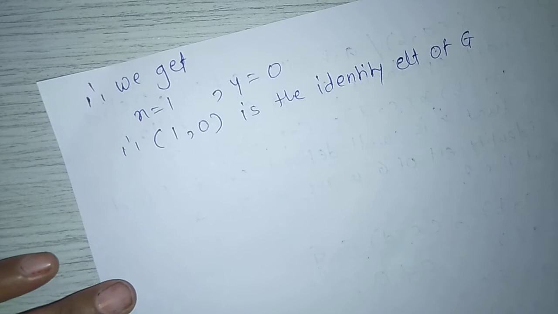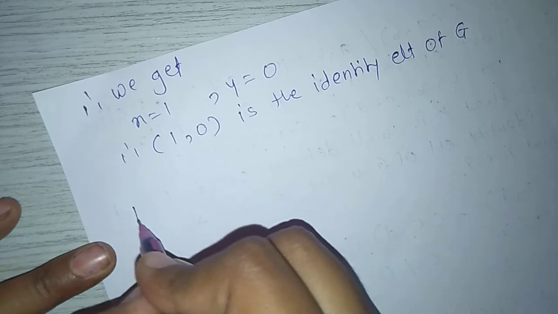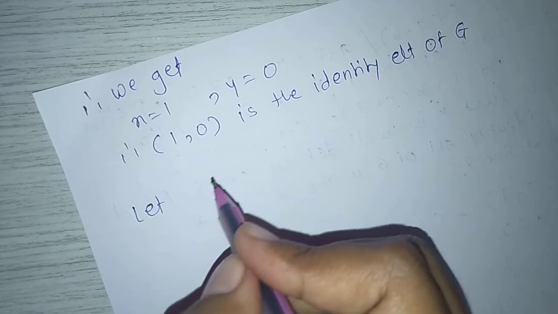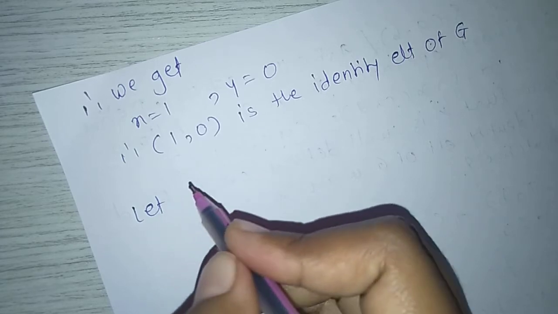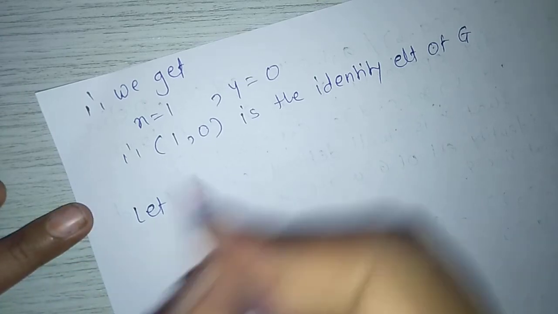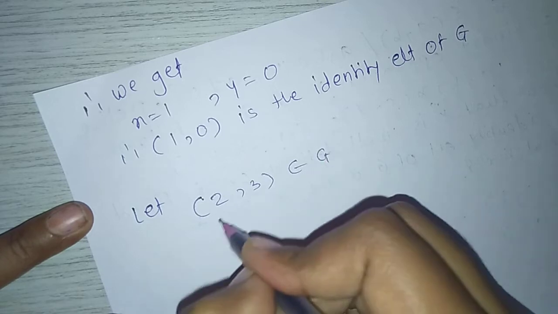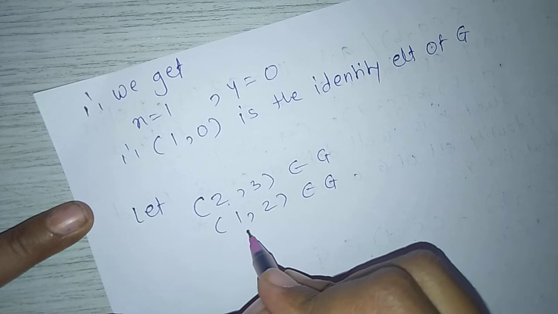Now, to find out whether star is commutative or not, for commutative we have to show that a star b is equal to b star a. Consider arbitrary elements (2, 3) belongs to G, (1, 2) belongs to G. 2 is not equal to 0, 1 is not equal to 0.